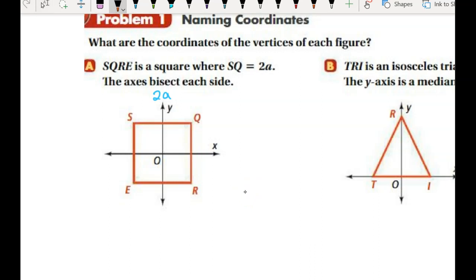So if the whole way from S to Q is 2a, how far is it from S to the y-axis? It's a units long. What about from Q to the y-axis? Well, it's a units long. So it's a square. So I know that QR is also equal to 2a.